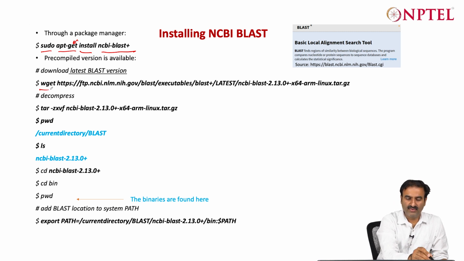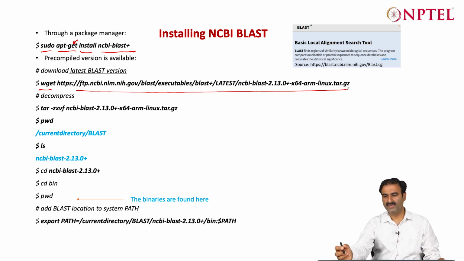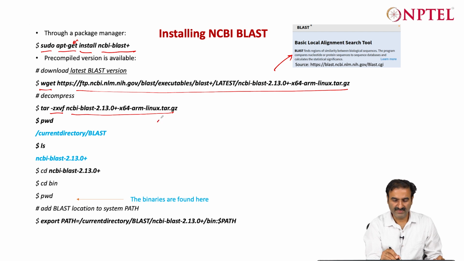Or you can do wget, and get the link from the source page of NCBI. Right click, copy the link, and paste it here. So wget and the link will get it, and you uncompress it by using tar -zxvf: -z for unzipping, -x for extraction, v for verbose, and f for file.